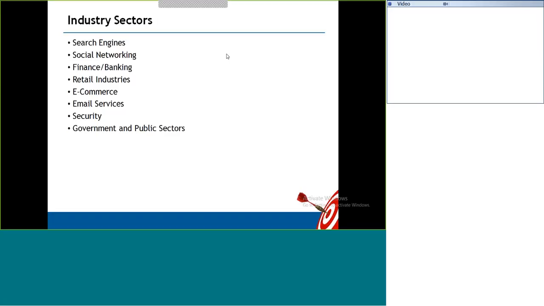In industry sectors using Hadoop: search engines are using Hadoop, and social networking sites. Practical implementations of Hadoop were done in Facebook from 2006 onwards.